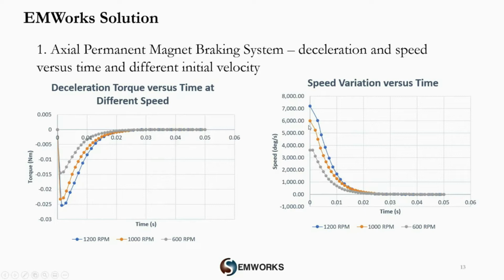So this is just showing the speed. The speed, of course, has to go to zero when the torque reaches zero. And once zero, then we said, it brakes, it stops. Your car stops.